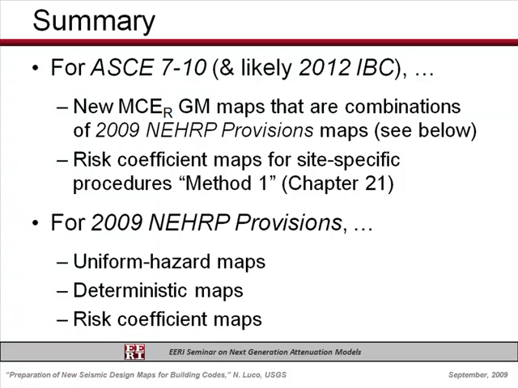We also have the risk coefficient maps in ASCE 7 2010 for the site-specific procedure, specifically method 1. And in the 2009 NEHRP, we have these uniform hazard maps, the 2500-year maps, deterministic maps, risk coefficient maps. So you can see the underlying values, go through the equation, see how they're put together, and they do match exactly what you would get out of the ASCE 7 2010 design values at the end of the day.